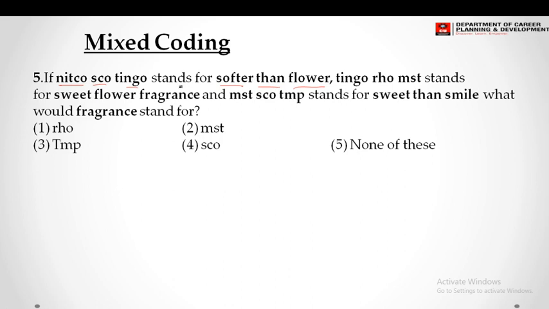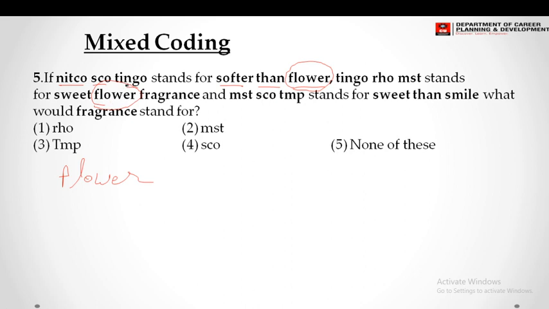So for this you have to find out what is common first. For example, first is softer than flower, and the third is sweet flower fragrance. So flower is common in these two, so write down common. Flower is contained in this one and this one, so the code of flower should be the same.